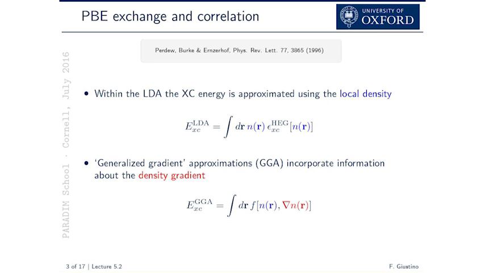If you have a situation where the density is very slowly varying, maybe knowing only the density at each point is fine. But if there are wild variations in the density, maybe it's better to also take into account the slope of this change. So this is written just symbolically as a functional of the density and the gradients.